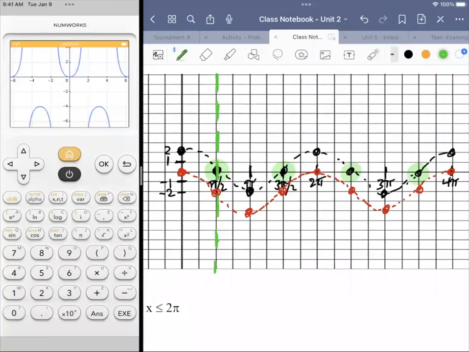Going to make some vertical asymptotes here and here. And here. And finally here.